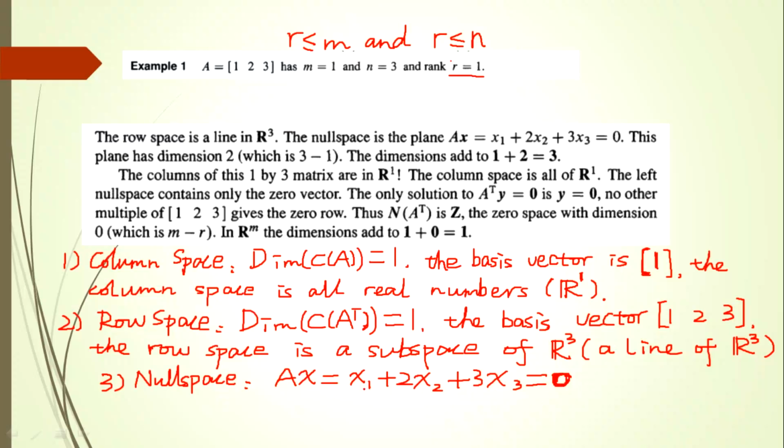Of course, from here you can check this is a plane in R3. The equation x1 plus 2x2 plus 3x3 is a plane in R3.